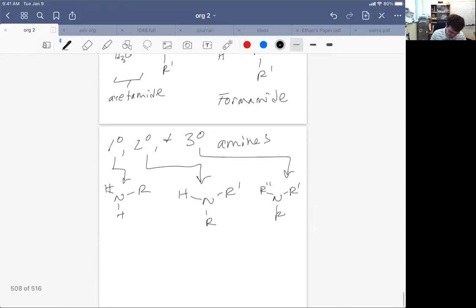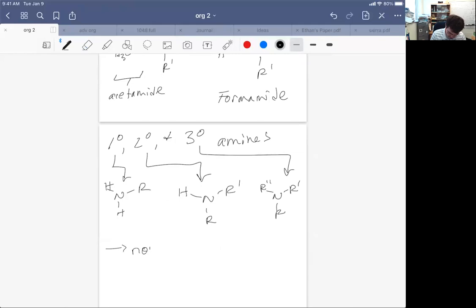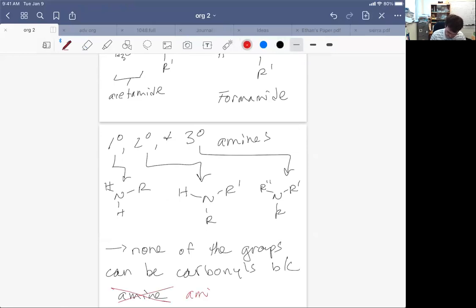The important thing is that none of the R groups can be carbonyls. Because if they were carbonyls, then we wouldn't have an amine. We would rather have an amide. We're trying to focus on amines here.